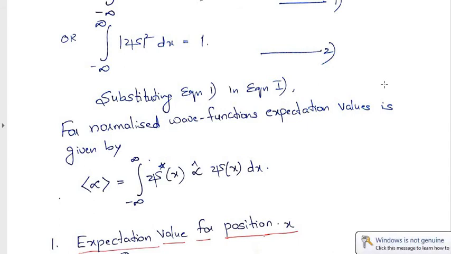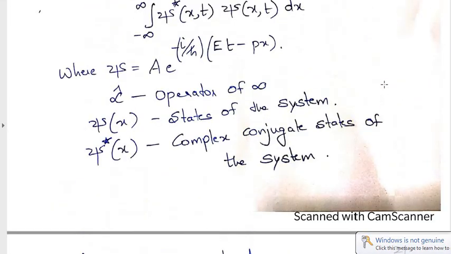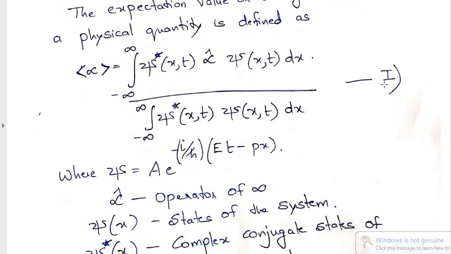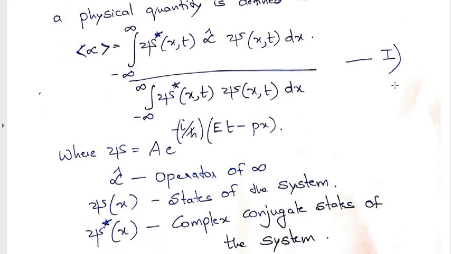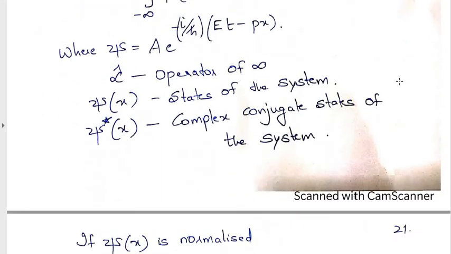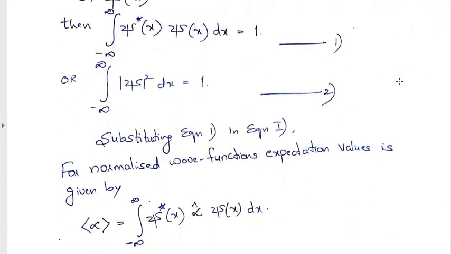The limits of integration are minus infinity and plus infinity. So what has happened is that in equation Roman number 1, the denominator has become equal to 1 for all normalized wave functions. What is retained here is just the numerator.